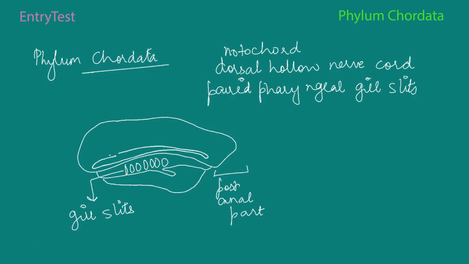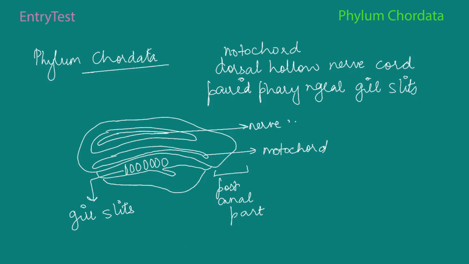It extends throughout the length. So this is the notochord, and then enclosed by a layer. This is known as the nerve cord. So these are the features: gill slits, nerve cord, notochord, and post-anal part.